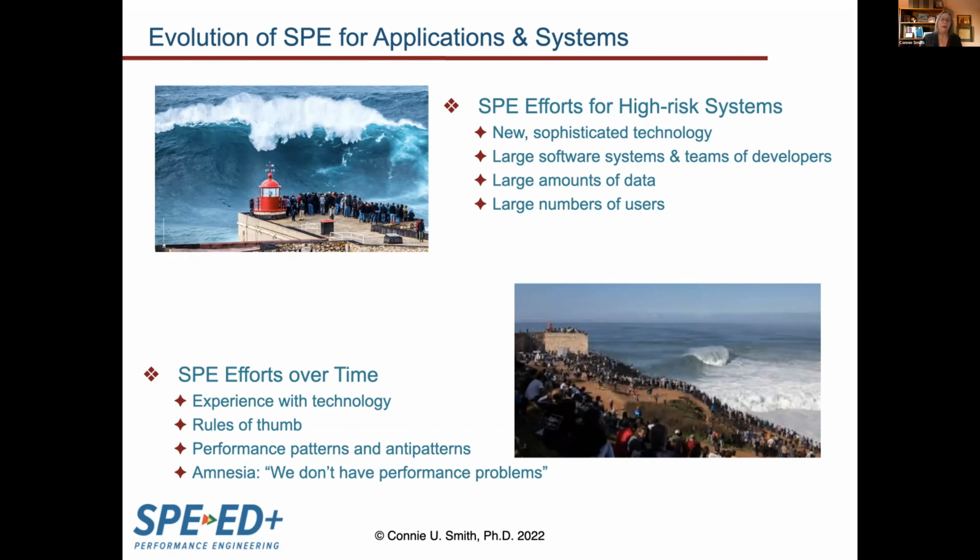And this last statement, unfortunately, I heard many times over the period of time when I was applying these techniques, when managers would say, we don't have any performance problems, we don't need performance engineering.